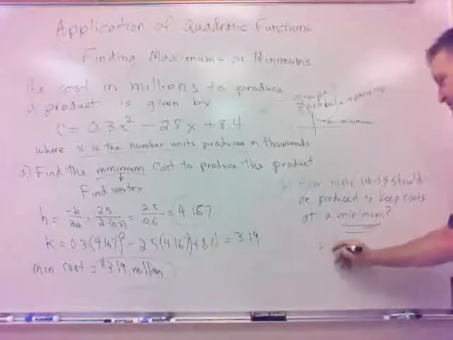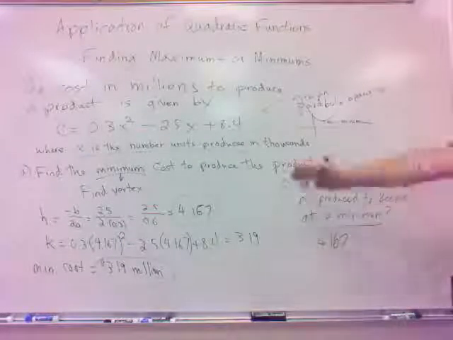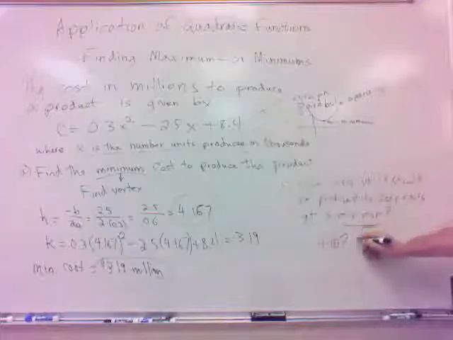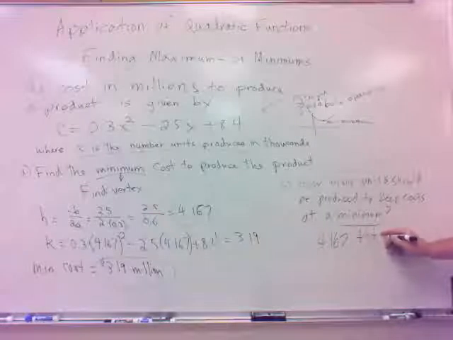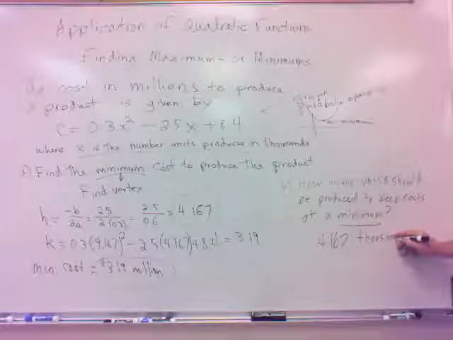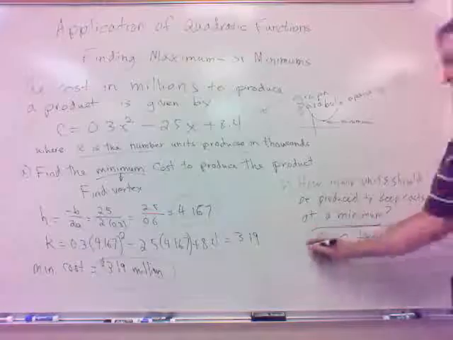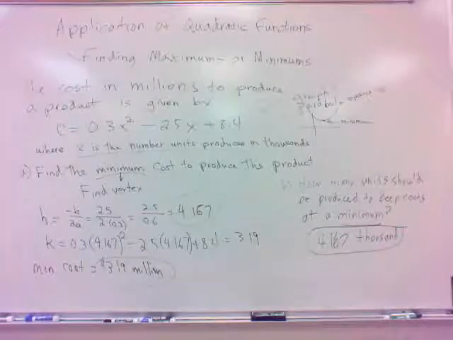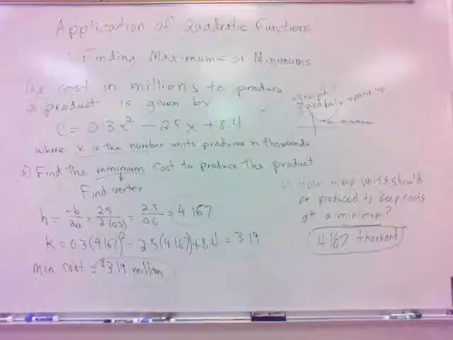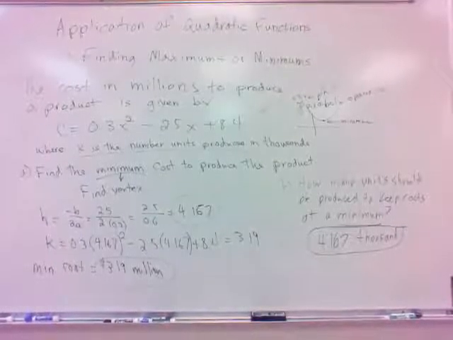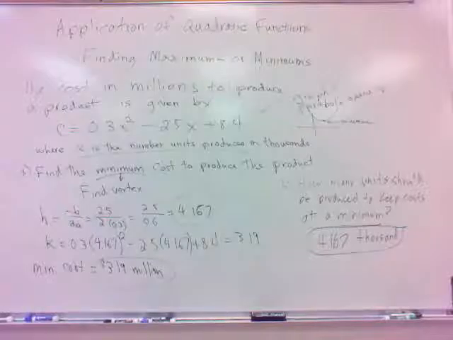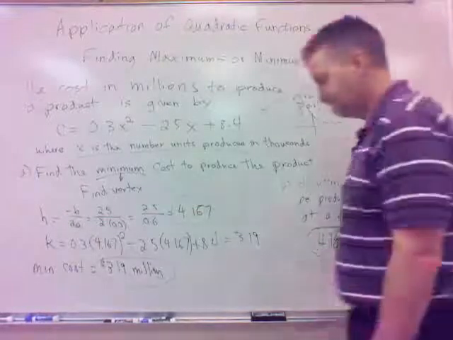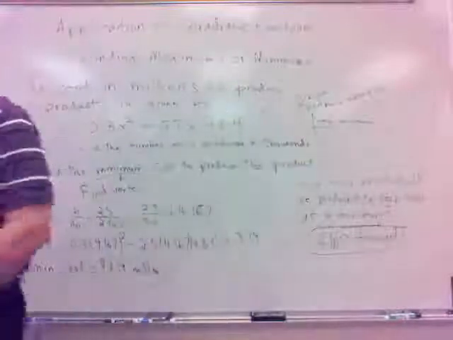We're going to use 4.167, but x is in thousands. So that's 4.167 thousand, which is 4,167 if you move the decimal. Are you with me on that? Question or any concern? All right?